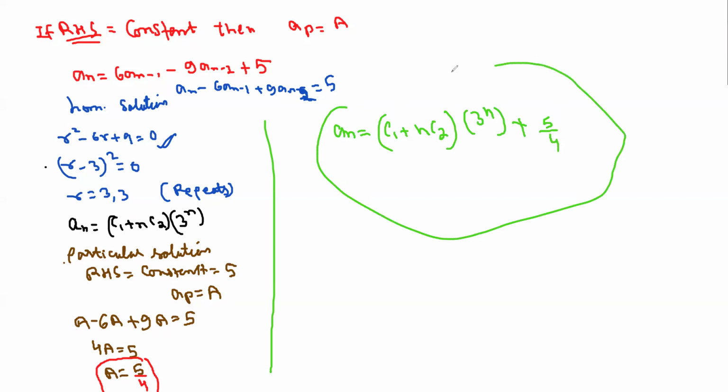This is your answer. What is particular solution? Particular solution is A and the value of A is 5 by 4. Yes. For particular solution, some conditions are given.